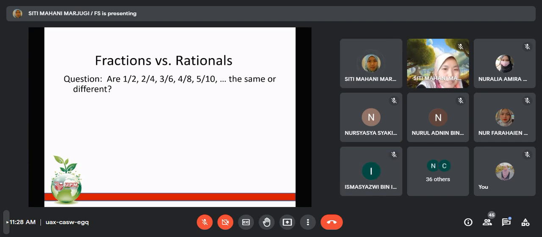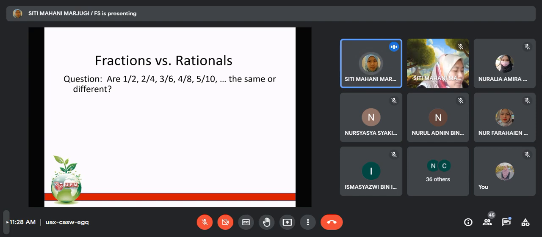Yes, same. Actually, in terms of the symbol, they are different. 1 over 2, 2 over 4, these are different symbols. But as rational numbers, they are the same.